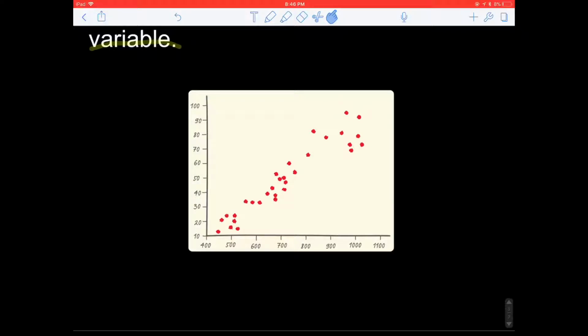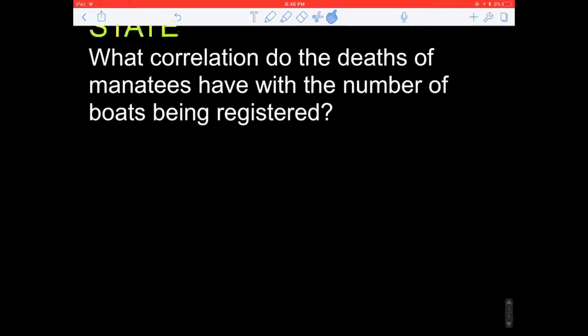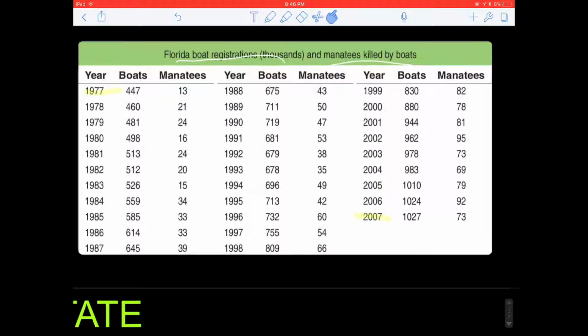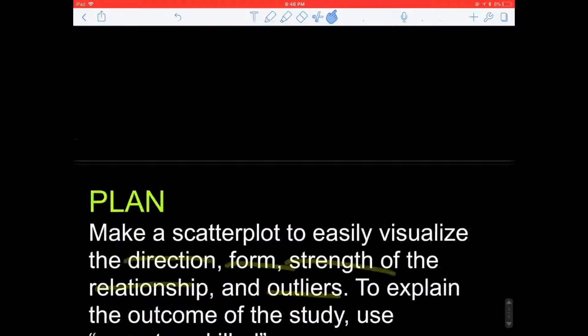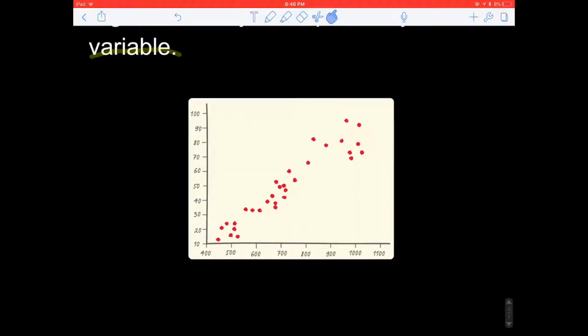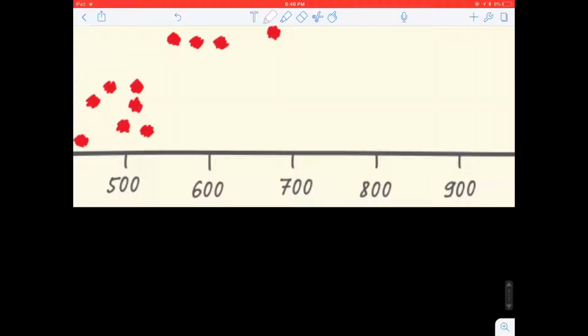So here's our scatter plot, and we're just plotting the points from this graph right here into the scatter plot. And on the x-axis, we're going to have boats registered in thousands.